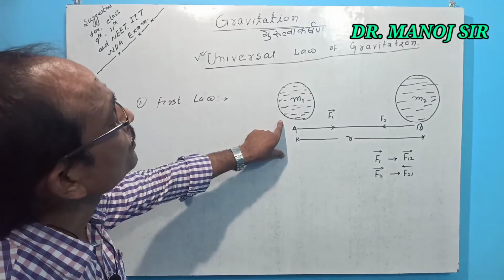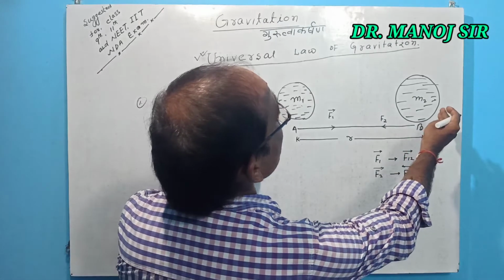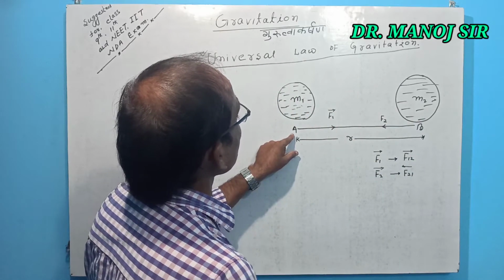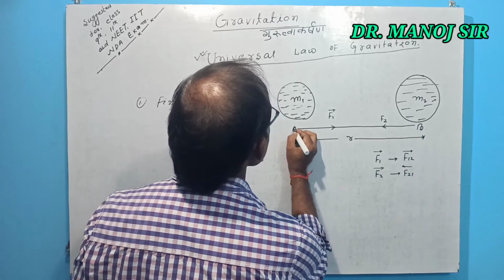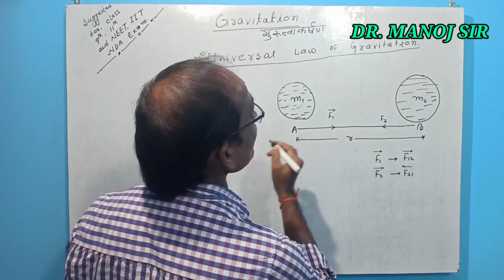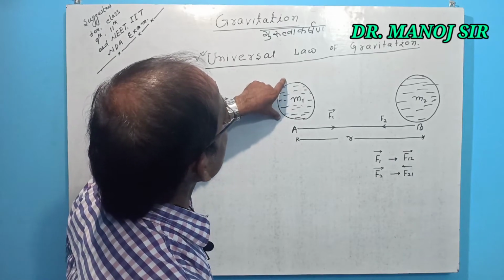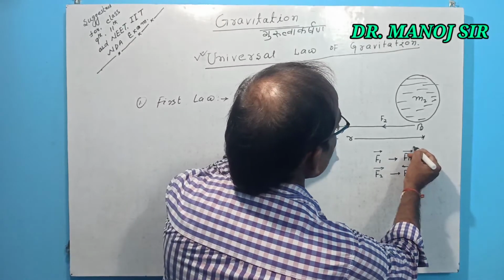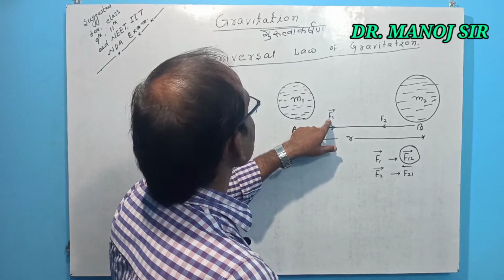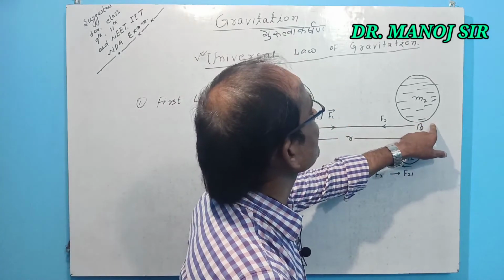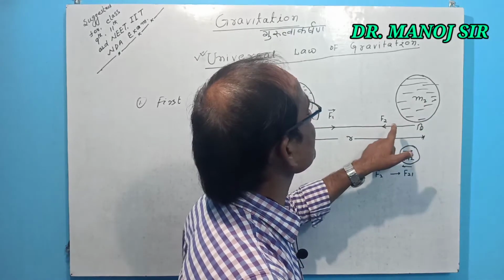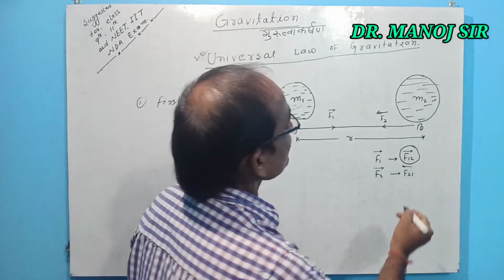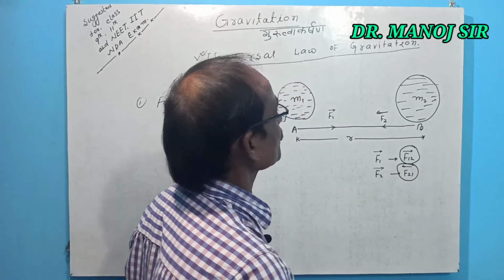As you study the given figure, M1 and M2 are masses of two bodies situated at point A and point B, separated by the distance R. Body A of mass M1 exerts a force F12, and body B of mass M2 exerts a force F21.